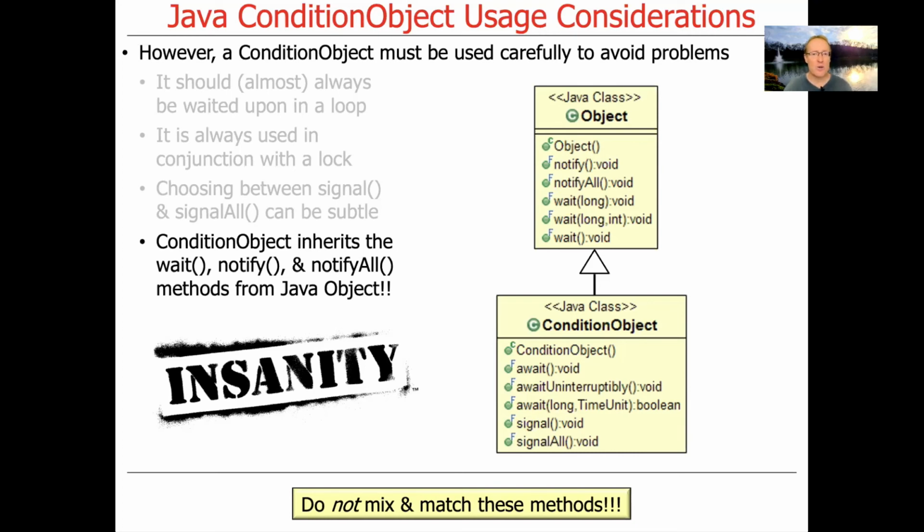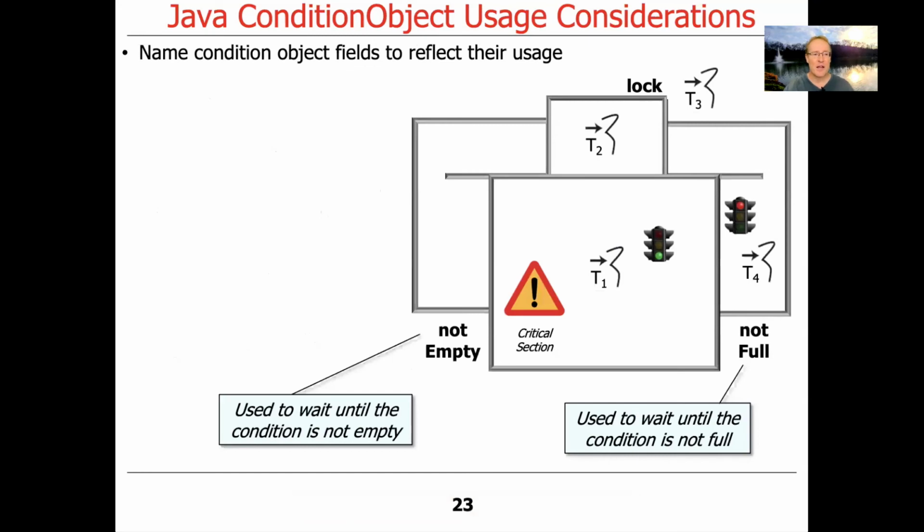Once you start using condition objects, you should pretend as if wait, notify, and notifyAll do not exist. Even though it's perfectly valid to call them, they don't have the right behaviors or semantics when used in conjunction with await, signal, and signalAll. This is a very, very simple bug to make, and your compiler will not save you from doing this.